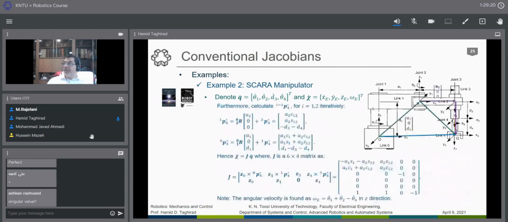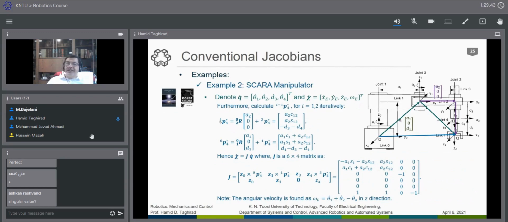Let me just show you these 2 frames. Now that we have this purple frame, if we would like to find it to the other joint, I should find this one and add these 2 together to find P4 with respect to the first frame.